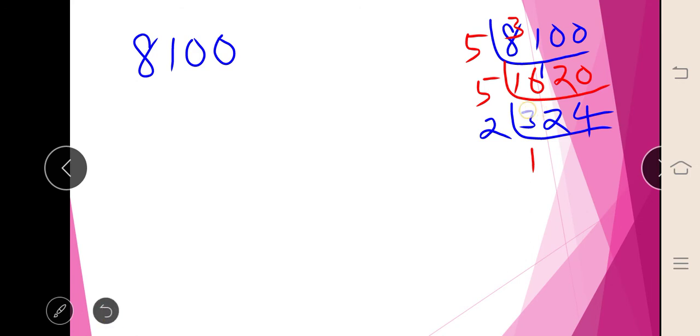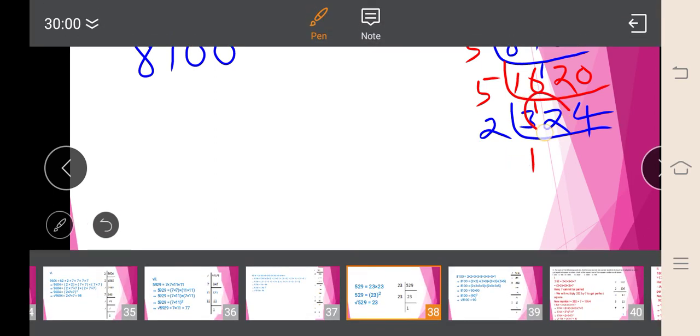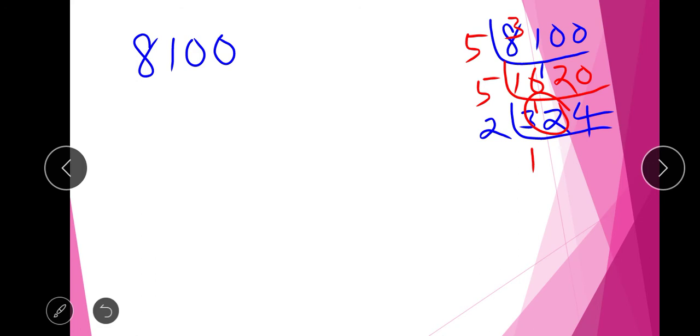So now assume 1 2, 12. In 12, how many times 2? 6 times. 2 sixes are 12. Is there any remainder in 12? No, it comes correctly. Then go to the next digit 4. In 4, how many times 2? 2 times.